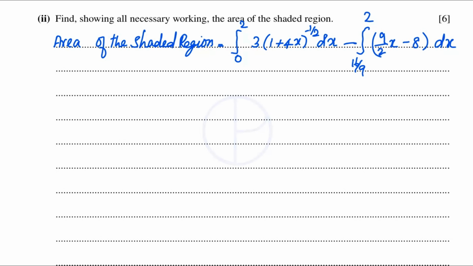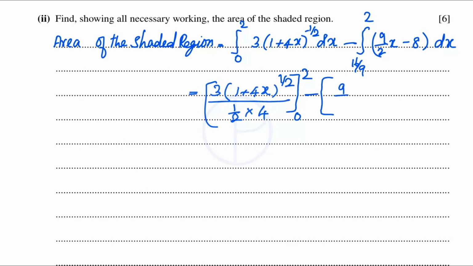Now let's integrate this one. 3 multiplied by (1 plus 4x) to the power negative 1 over 2 plus 1 gives positive 1 over 2, divided by the power 1 over 2 multiplied by the coefficient of x, which is 4, and the limit is 0 to 2, and this is negative 9 over 2 x square divided by 2 minus 8x, and the limit is 16 over 9 to 2.